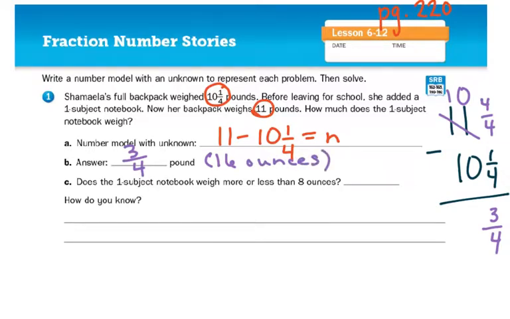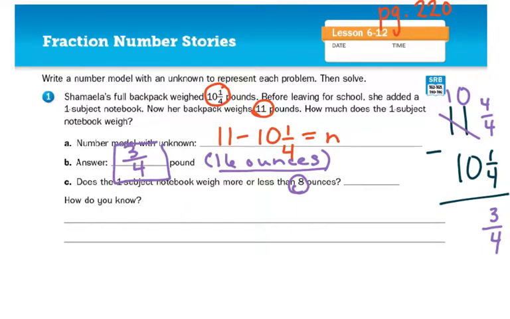So our next question says, does the 1-subject notebook weigh more or less than 8 ounces? Well, if I know that 16 ounces equals a pound and I'm looking at 8, which is half of that amount, or half of a pound, okay, does the 1-subject notebook weigh more or less than 8 ounces? Well, we know it weighs 3/4 of a pound.